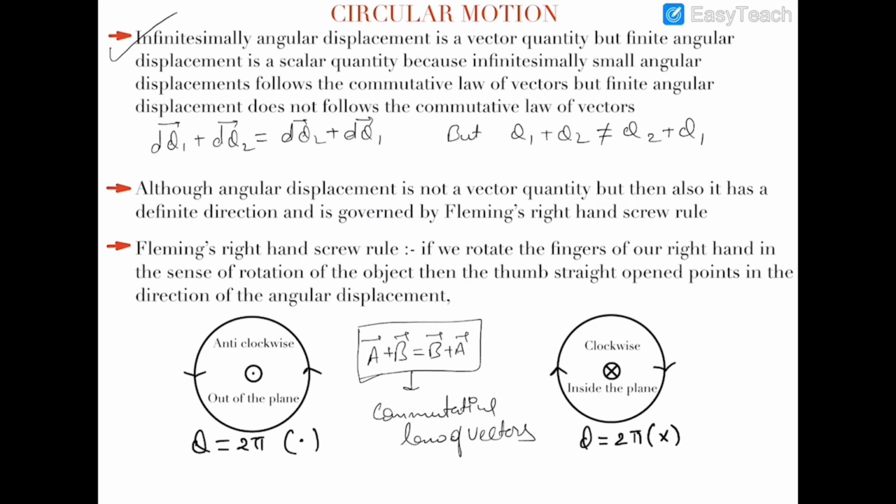But if the particle is rotating in clockwise sense, as you can see in this diagram, then if you curl your right hand fingers along this clockwise sense, your thumb will point inside the plane of the screen, and therefore this cross will represent the angular displacement.